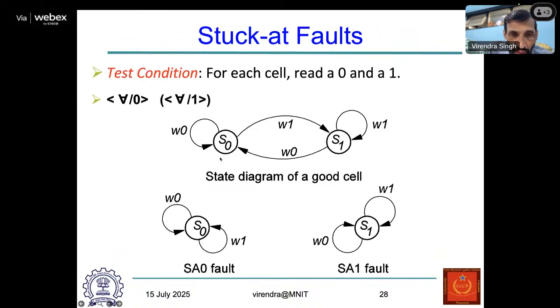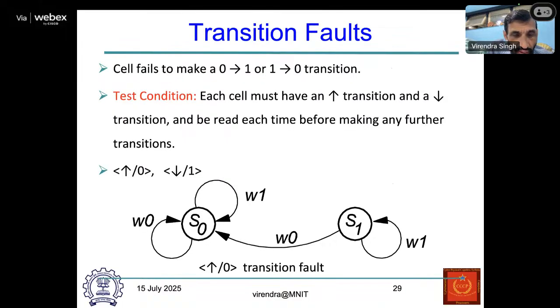We can easily distinguish this state machine from the others. This can also cover some of the transition faults, but not all. Which transition faults can it cover?